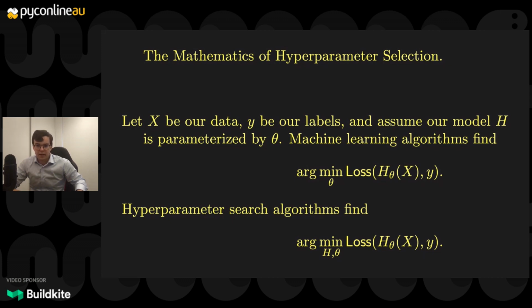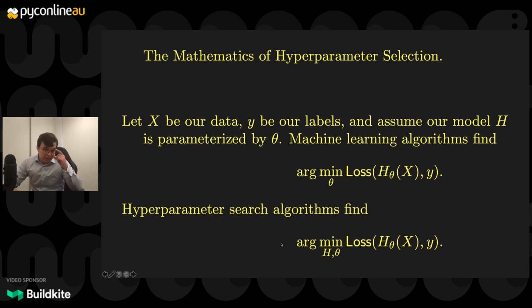What machine learning algorithms do is minimize some sort of loss function, and they find the parameters for our model. So really, given our data and our labels and our loss function and our hyperparameters, machine learning algorithms will find the best set of rules to make the best prediction.